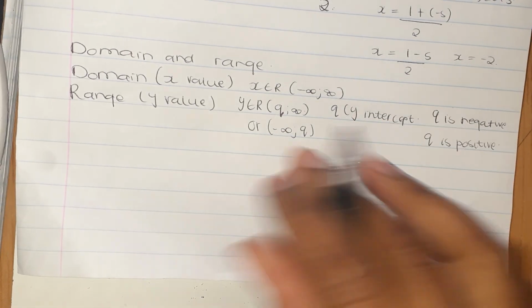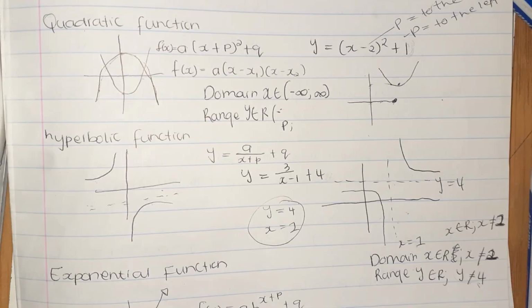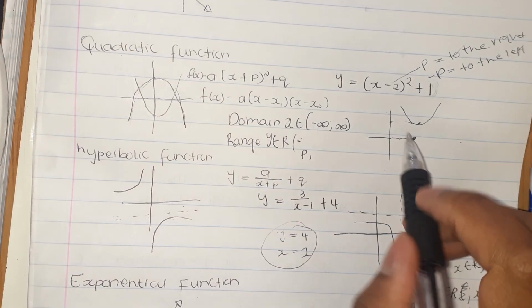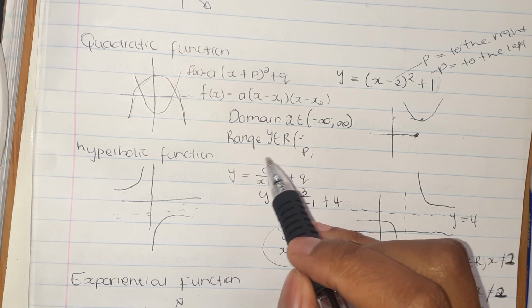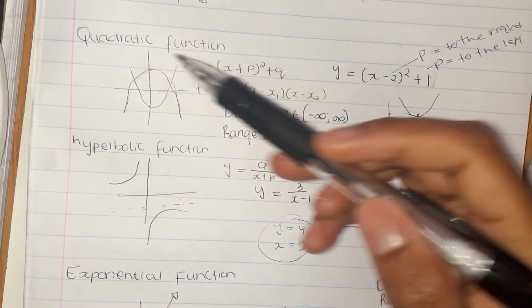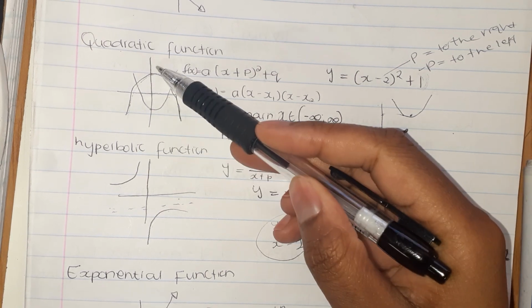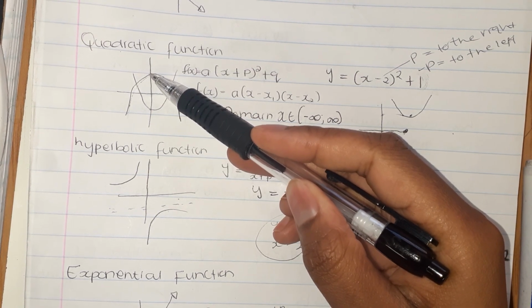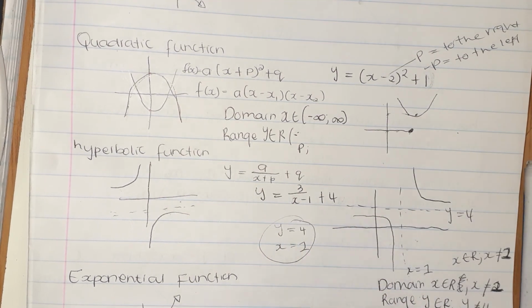So when we look at this graph, it's 1. We can only go up to 1 here. So anything from here going down. So this is a positive 1. So from this positive 1 going down to negative numbers, it is the range.